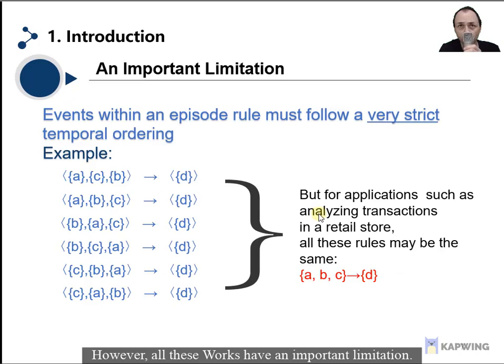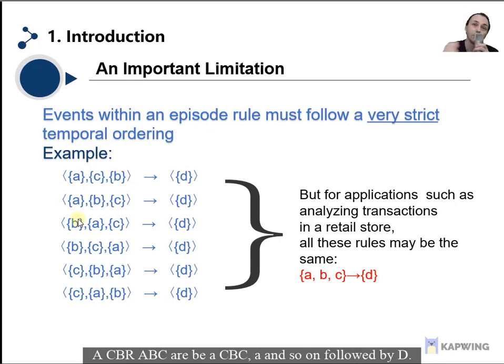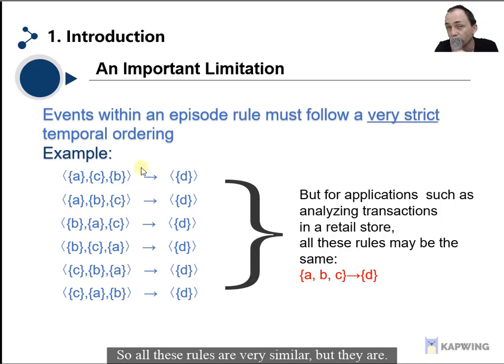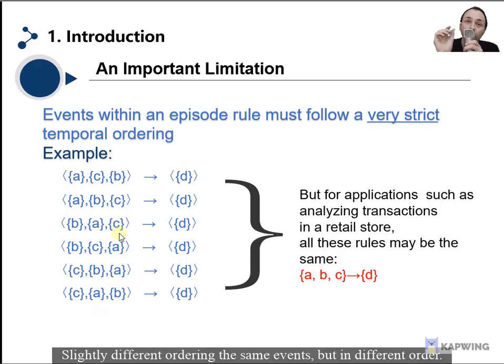However, all these works have an important limitation: the episode rules must follow a very strict ordering. For example, all the rules you can see on the left contain the same events, A, C, B, or ABC, or BAC, BCA, and so on, followed by D. All these rules are very similar, but they have a slightly different ordering: the same events, but in different order.